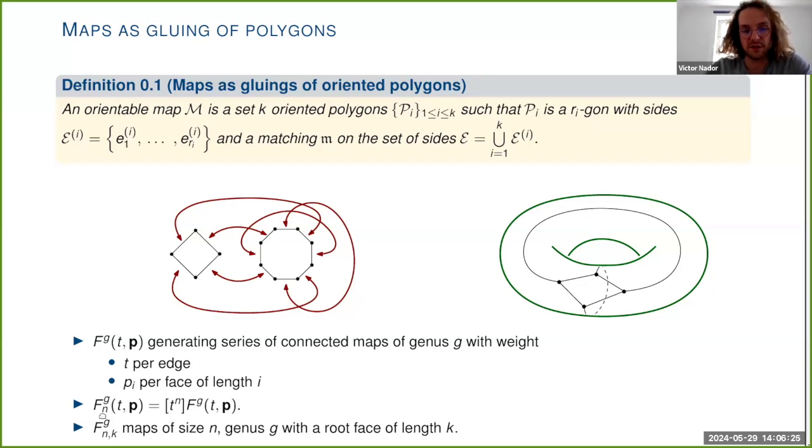Then the first index denotes the extraction of the maps of size n, and after that the additional index means that I'm working with a root face that has a given length k. So I work with a particular distinguished corner and a face that is not weighted with p.